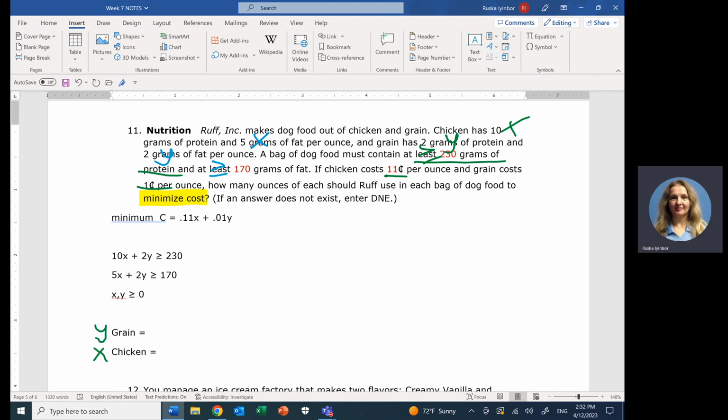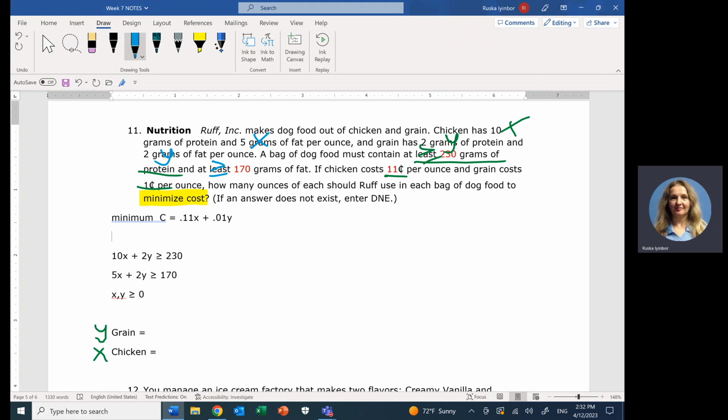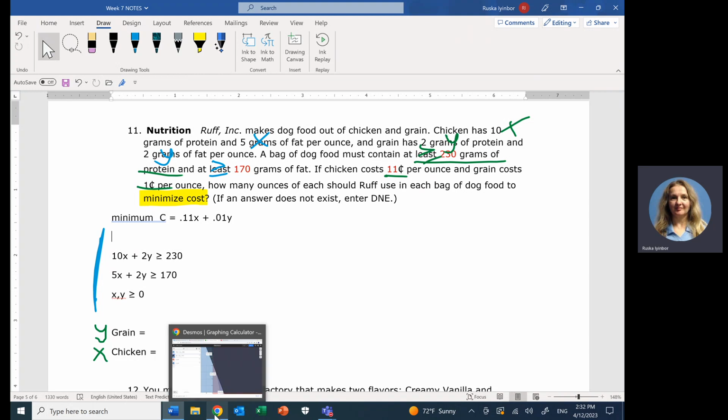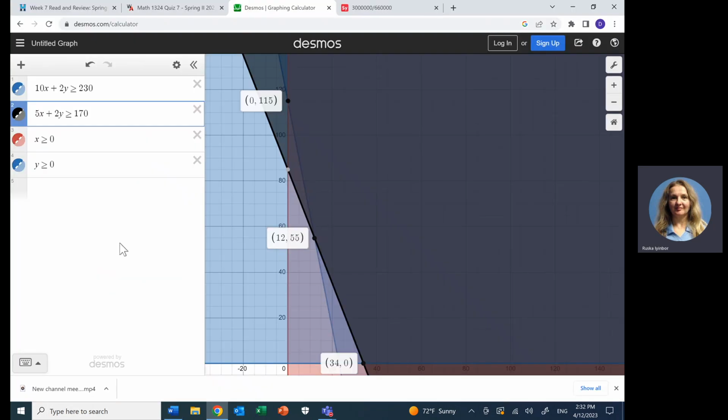This is the system we're going to find. We're going to graph and find the region here. We're going to find the corner points, and then you're going to calculate the minimum. I'm going to show you how to find the minimum. Taking all these 4 inequalities, when I graph them here, this is what the area looks like.